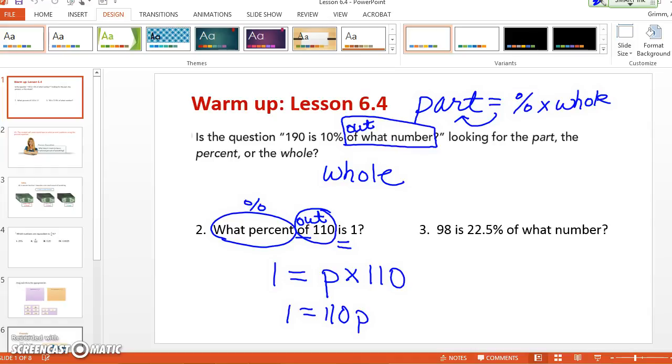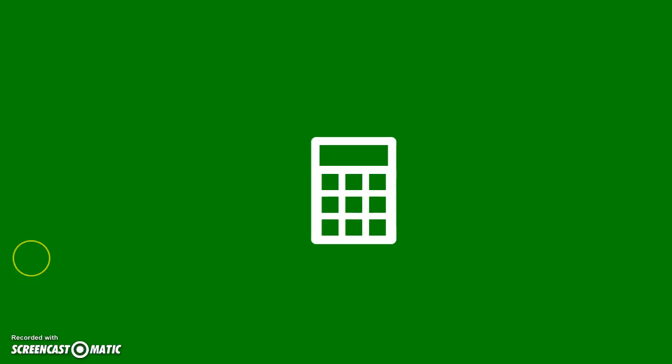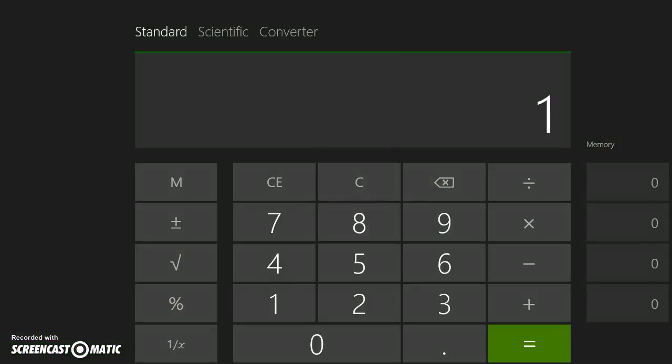How do I figure out what P is? Kindle. And what do I divide by? Good. You divide both sides by 110. So then I'm going to have to go to my trusty calculator. So 1 divided by 110.